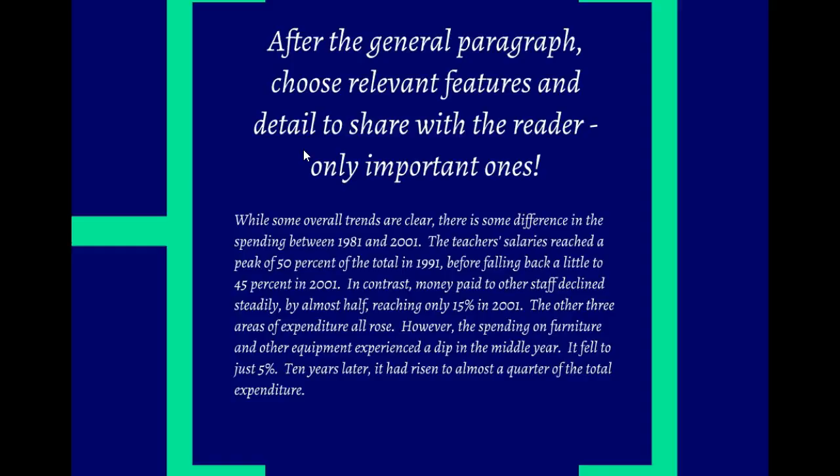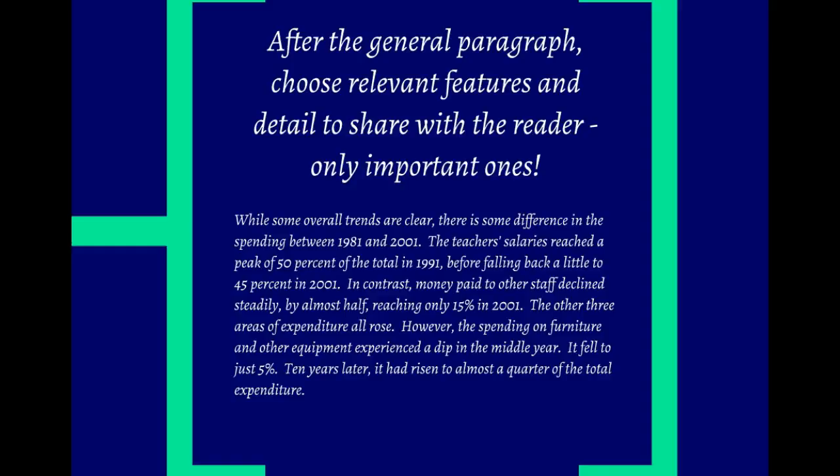While some overall trends are clear, there is some difference in the spending between 1981 and 2001. The teachers' salaries reached a peak of 50% of the total in 1991 before falling back a little to 45% in 2001. In contrast, money paid to other staff declined steadily by almost half, reaching only 15% in 2001.